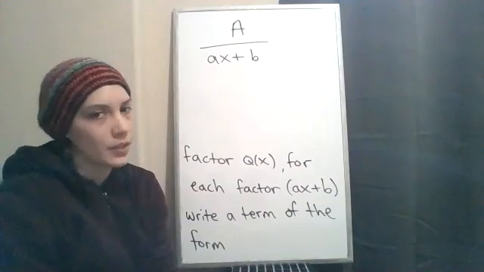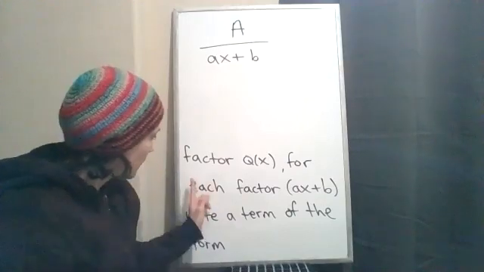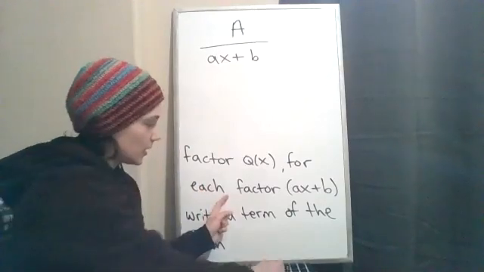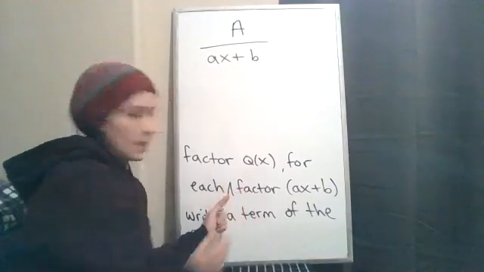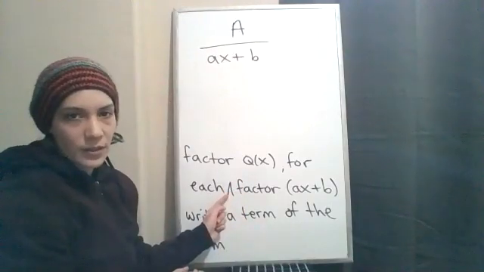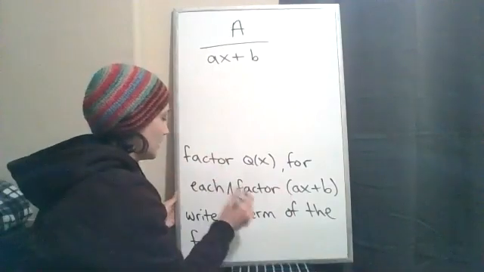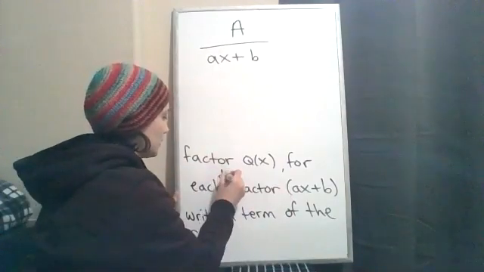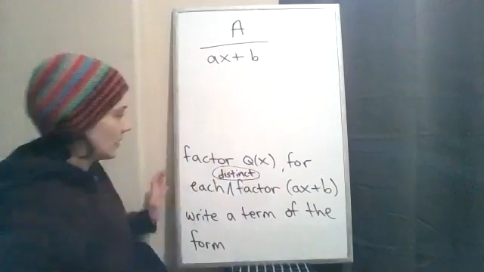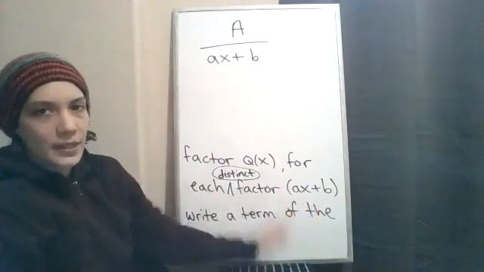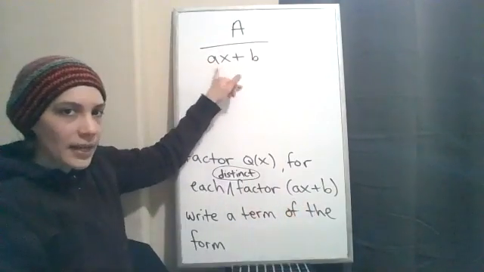And I want to put an extra little part here for each distinct factor. So for every distinct ax plus b, you have that part, A over ax plus b.